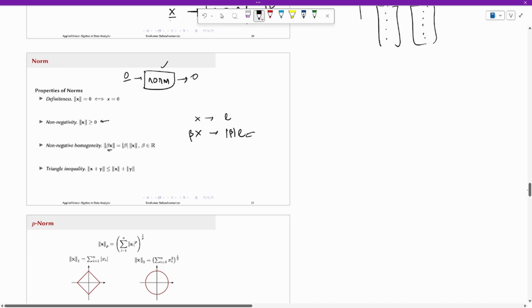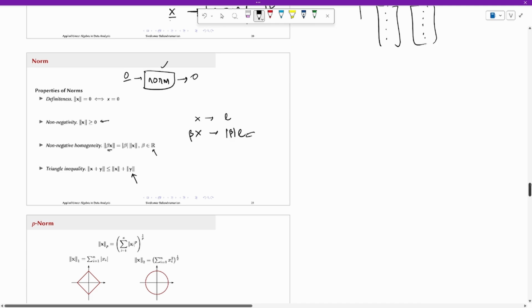If you say this is the length, and I say now I stretch the vector by 2 times, then the resulting length that you calculate should be 2 times what you started with. Okay. So that's that. And the third one is what is called the triangular inequality. That means we are essentially saying the sum of 2 sides of a triangle is greater than the length of the third side. Okay. Any function that satisfies all these properties is a valid norm.